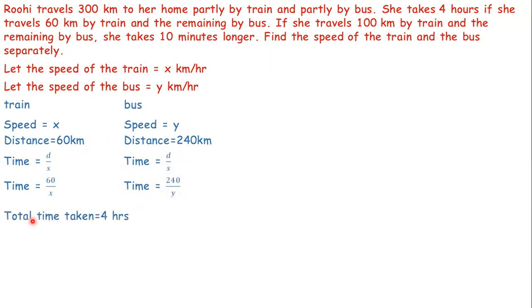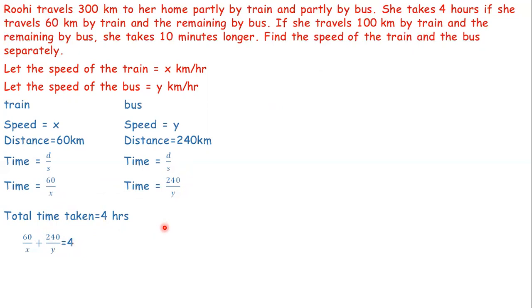Now total time taken is 4 hours. Time taken to travel by bus plus time taken to travel by train is equal to 4 hours. Now 60 by x, that is train, plus 240 by y, that is time taken by bus, is equal to 4 hours. This is the one equation.